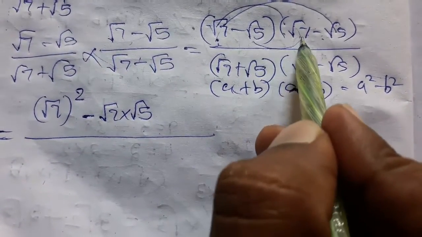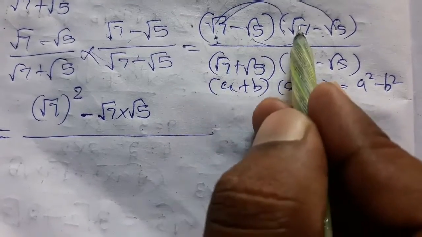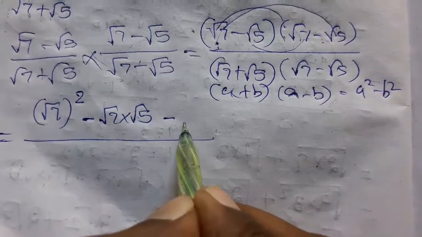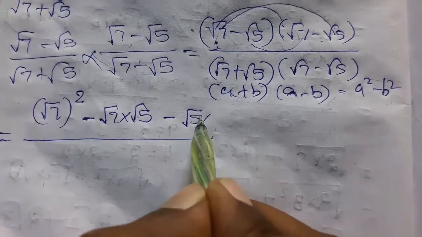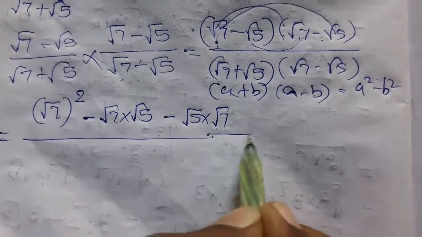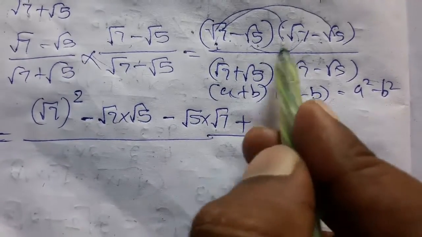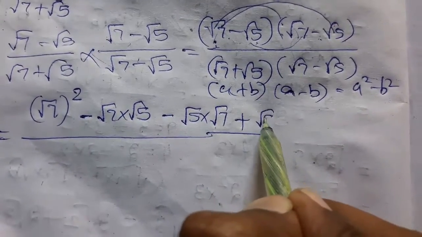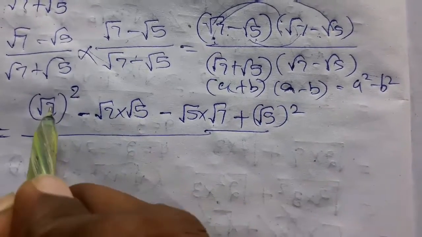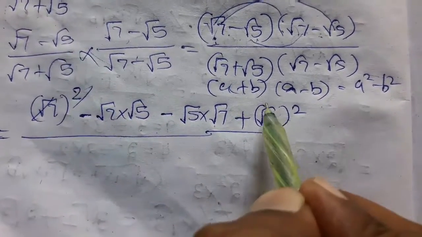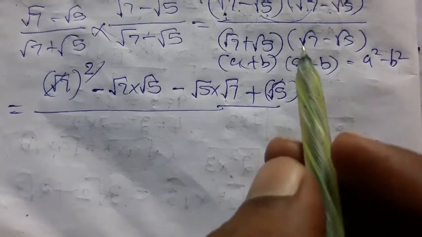Next root 5 into root 7, minus into plus is minus, root 5 into root 7. Minus into minus becomes plus root 5 into root 5, whole square. This root and square cancel.